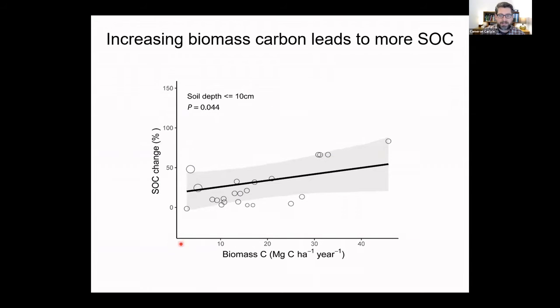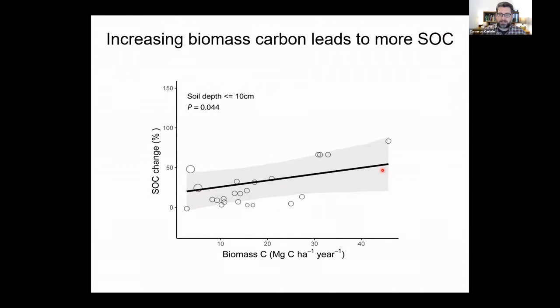So the first thing is that this figure is showing the relationship between the amount of biomass produced in the vegetation each year and the amount of change in the soil organic carbon over the age of the system. We see this positive relationship.